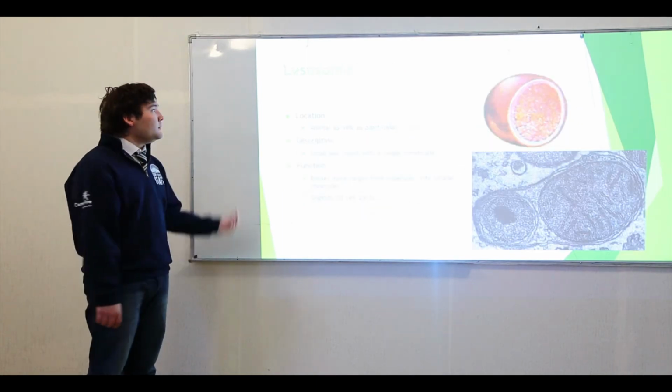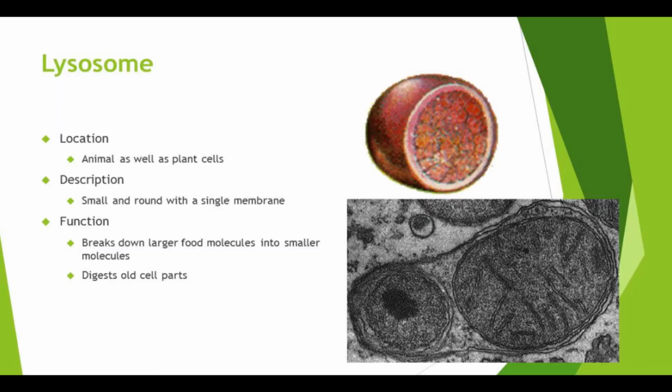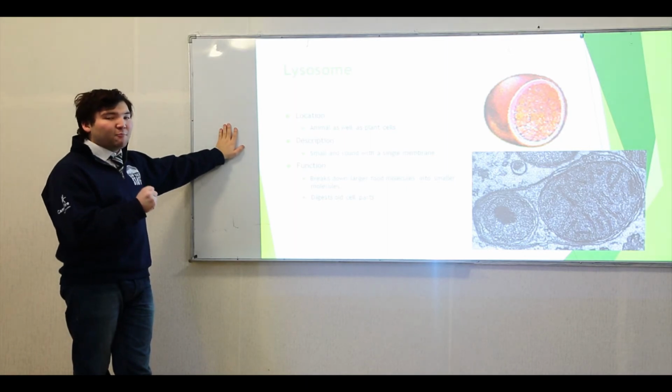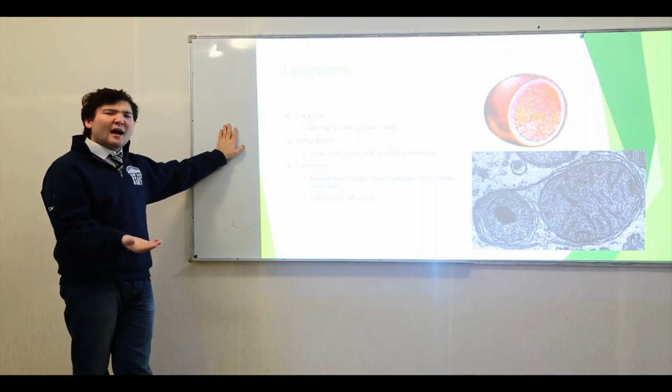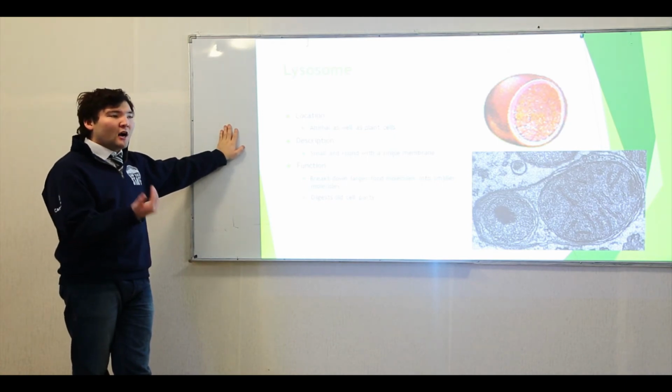Next, lysosomes. Lysosomes are found in most eukaryotic cells. However, some scientists doubt that lysosomes are distributed throughout plant cells, and their presence within plant cells is very doubtful. But I tend to believe that lysosomes are also distributed throughout plant cells.